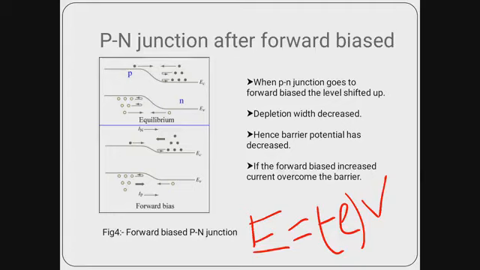If we increase or vary the external potential, we get more current up to a certain point, which is called the knee point. In silicon, that will be 0.6 or 0.7 electron volt. In germanium, it will be 0.2 or 0.3 electron volt.